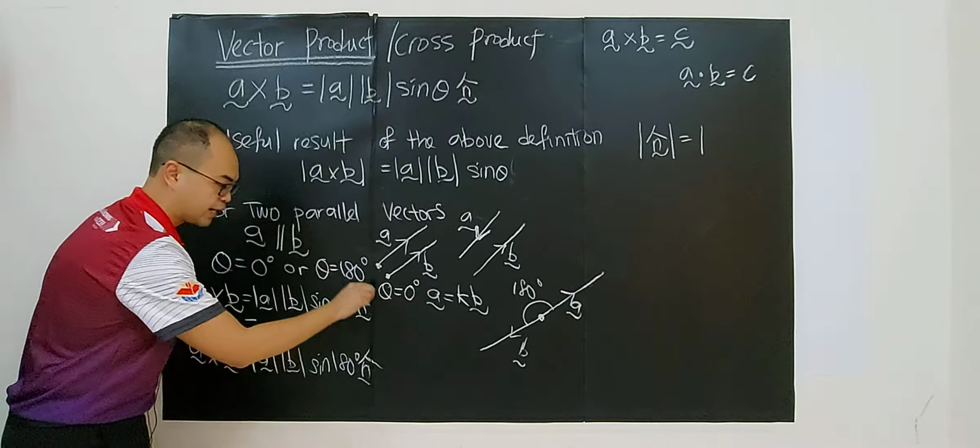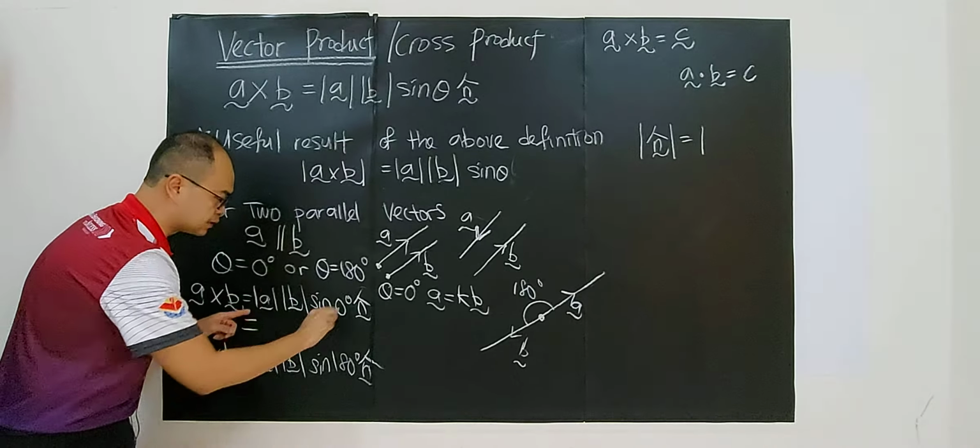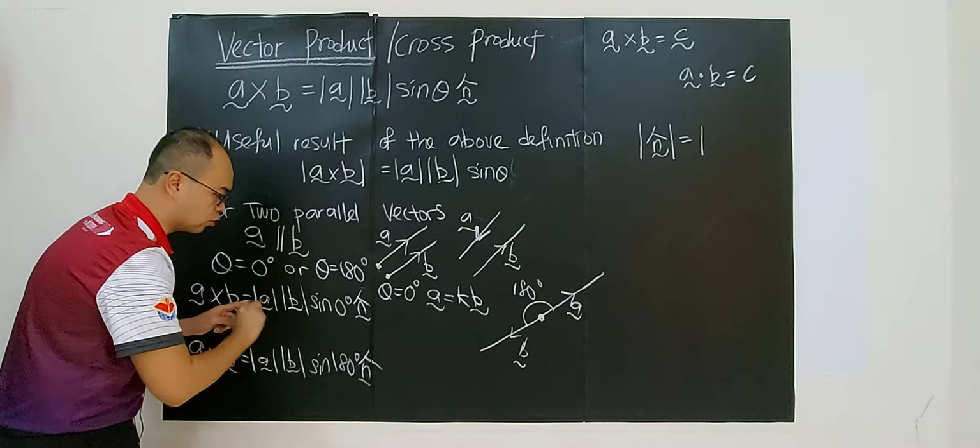Because there is a vector here, this number 0 multiplied with a vector gives you a 0 vector. And sine 180 is also 0, right? You have to remember this: sine 0 is 0, sine 180 degrees is also 0. So you will still produce a 0 vector here. So what can I conclude?